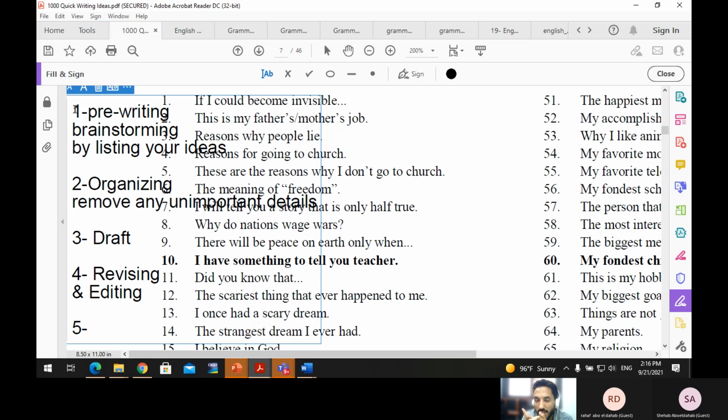So we need to check your mistakes after writing the draft. Number 5, this is the final copy. You're going to rewrite it after correcting all of these mistakes. Have you finished the writing stages?